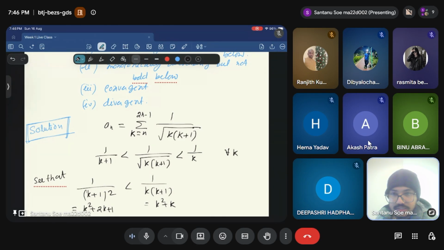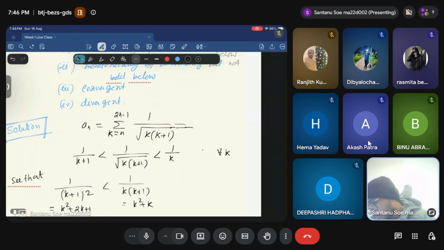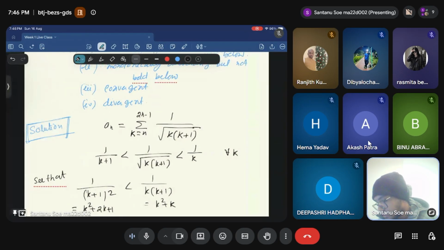Then the question is easier now. What you can show is you can just take the sum on both sides, right? This is what you want, because we have got the 1 divided by square root of k into (k plus 1) term, and we just have to take the sum on both sides, correct?